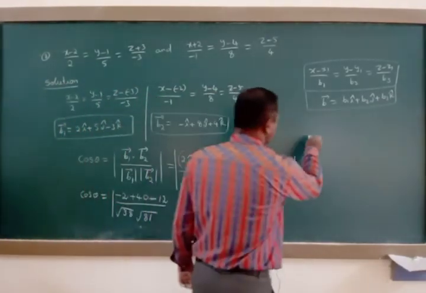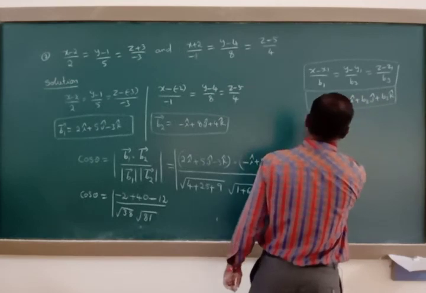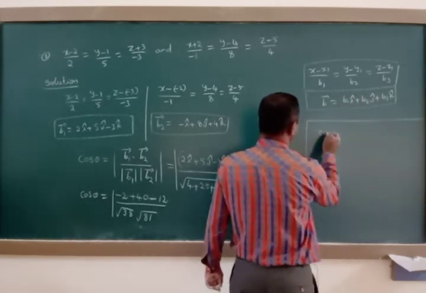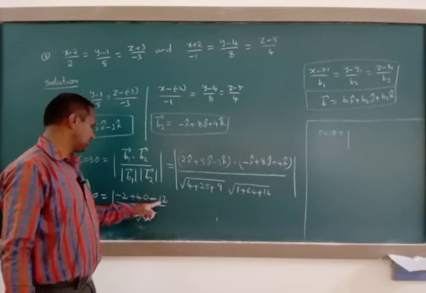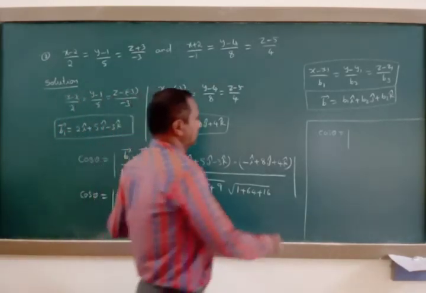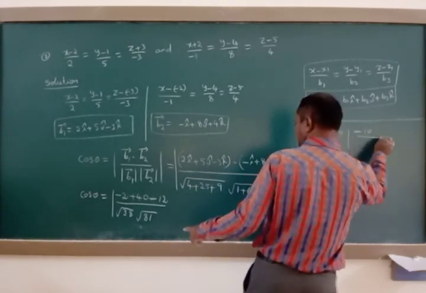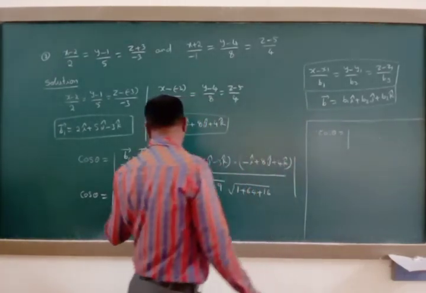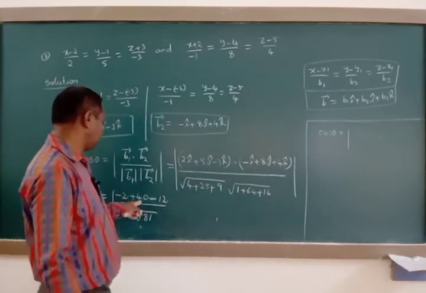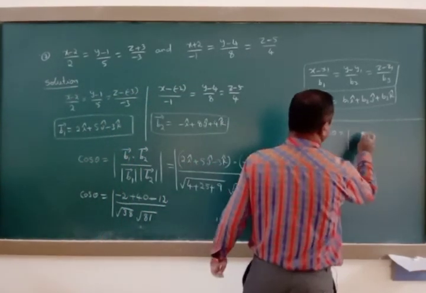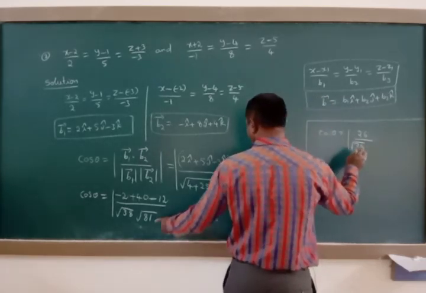Cos theta is equal to modulus of minus 2 plus 40 minus 12, that is minus 2 minus 12 is minus 14, minus 14 plus 40 means 26, whole divided by square root of 38 into square root of 81, which means 9.